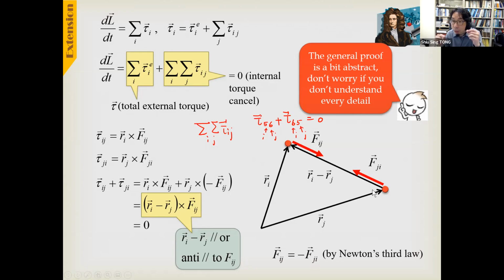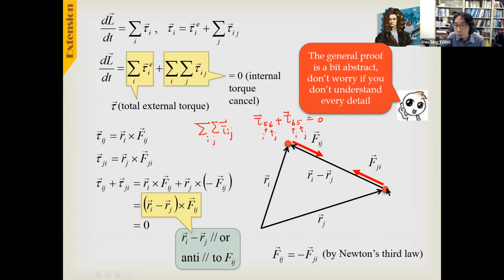And since they are internal forces, they obey Newton's third law. In this diagram, I draw arrows in opposite directions, meaning that they are equal and opposite. Now I consider torque ij first. Torque ij is the position vector of particle i, Ri, crossed with Fij.